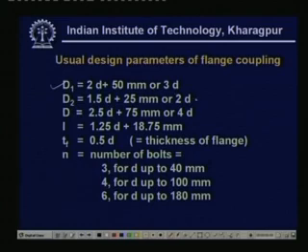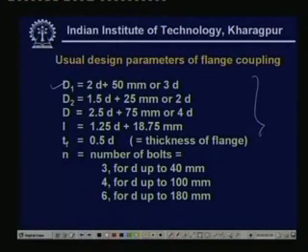Because the couplings are manufactured by different manufacturers, and so we have to come to a standard. So, these are normally the standards followed unless otherwise specified to the manufacturers. There are catalogs available from the manufacturers, and we will have to look into those catalogs to find out exact diameters, but what you see here are the usual dimensions maintained in practice.